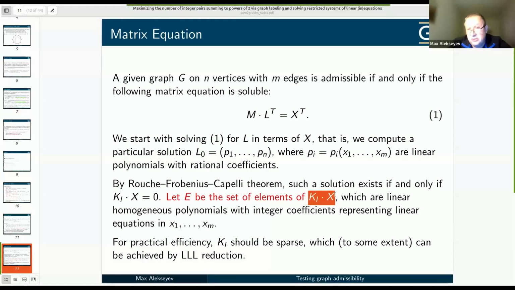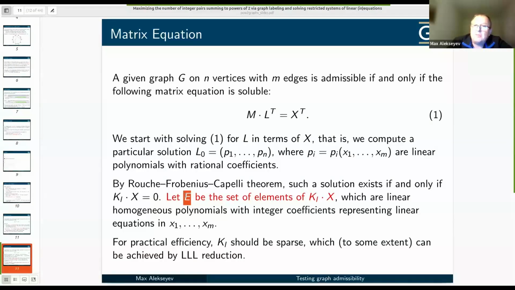So K sub L is also known to us, and therefore we can compute this symbolic product, K sub L times a vector X composed of indeterminates. And I will take all elements of this product and put them in the set which I will denote E. So E is a set composed of linear homogeneous polynomials with integer coefficients representing linear equations in X1 and so on X sub M.